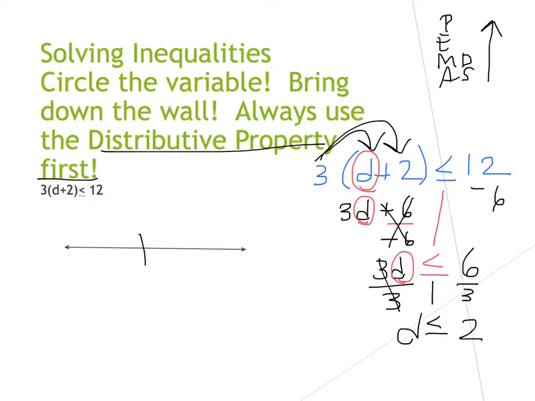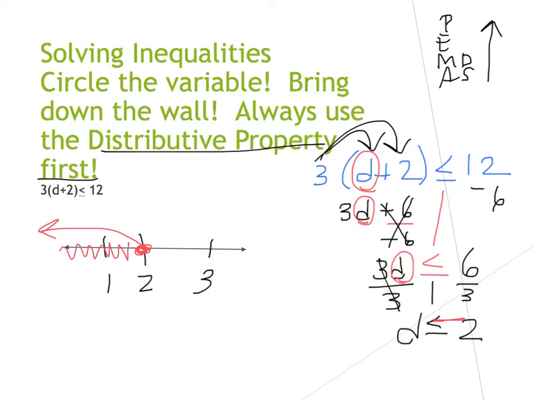Again, when I go to graph, I'm going to have my 2 and then a number on each side. Because I have a line under here, my circle is going to be colored in. And if you notice that my arrow here is pointing to the left, so I should be able to pick any number on this side of the arrow.